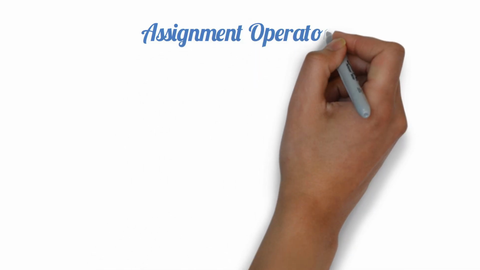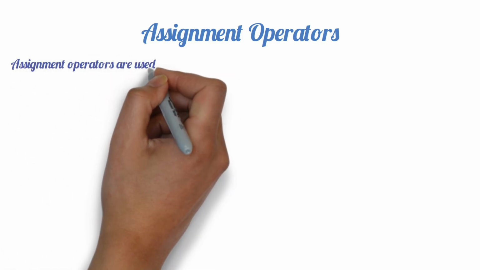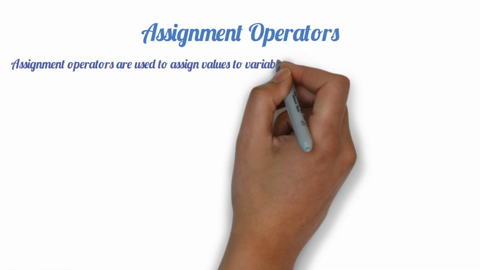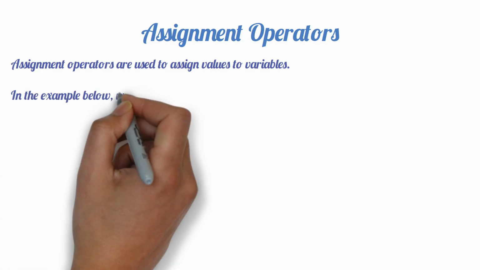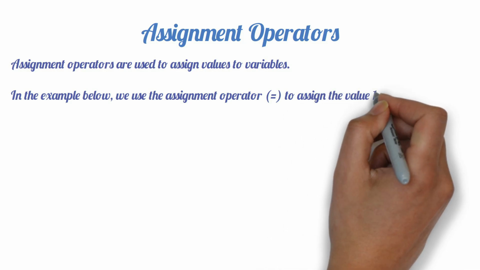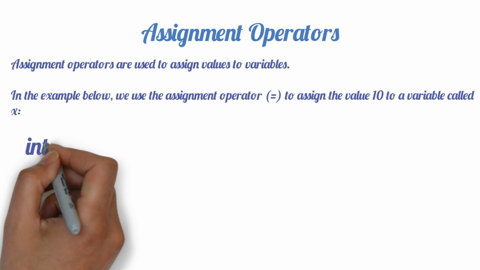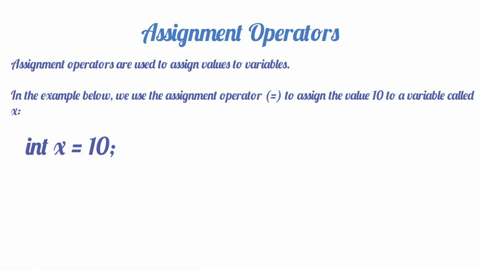That is assignment operator. Assignment operators are used to assign values to variables. So we use the equal to sign as the assignment operator. Just check this line of code, int x equal to 10. Here equal to is nothing but an assignment operator. Now I am assigning the value of 10 to x. Next, if you check this code, x plus equal to 5.